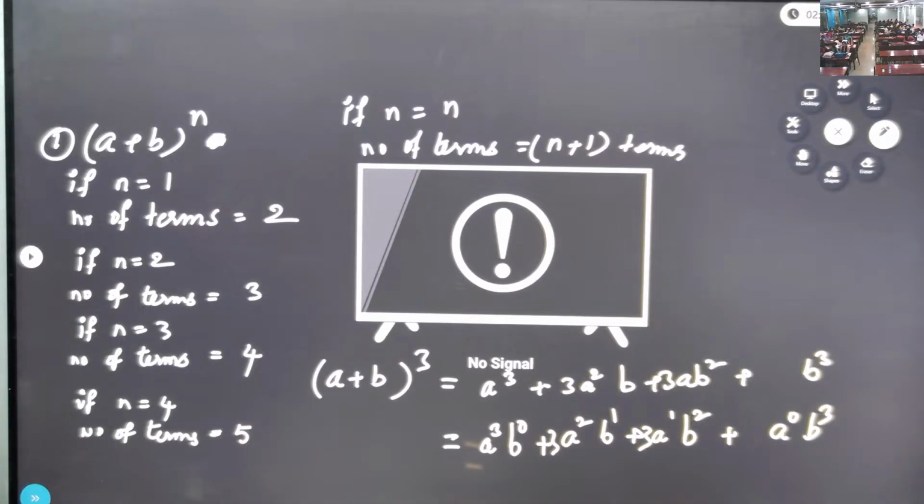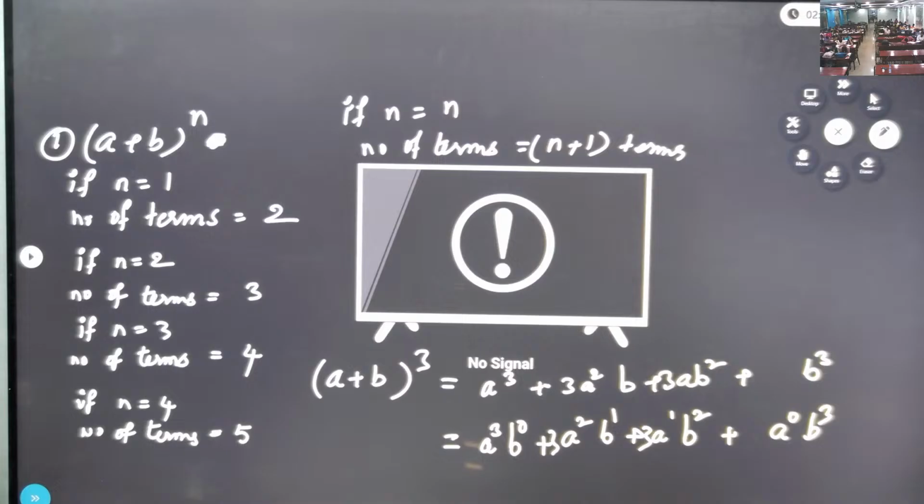For every term, the power of A will be decreasing, and the power of B will be increasing.